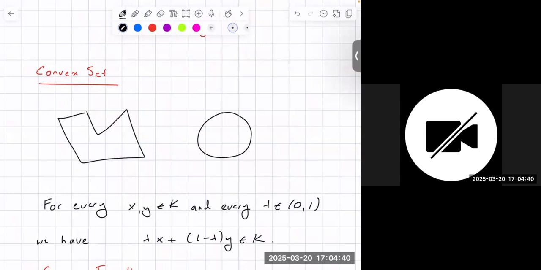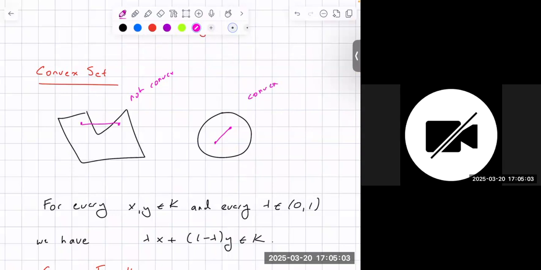That line segment has got to stay inside your shape. Let me draw some pictures for you. Let's say these are my two points, and I draw the line segment. It got out of the shape. That means it's not convex. But as you see here, any two points you put in, the line segment stays inside, so it's a convex set.